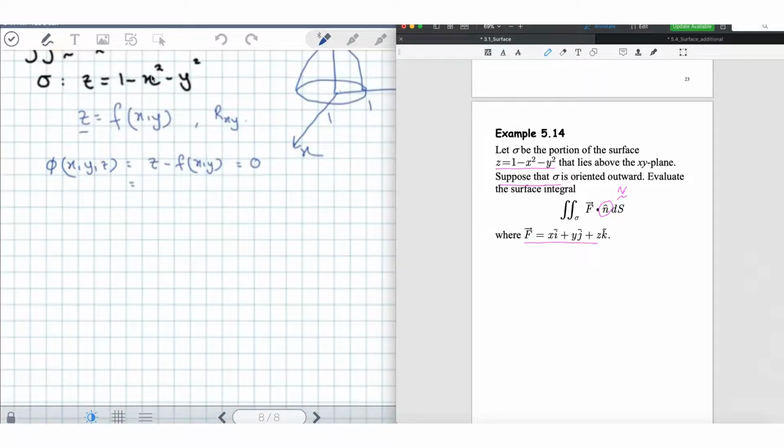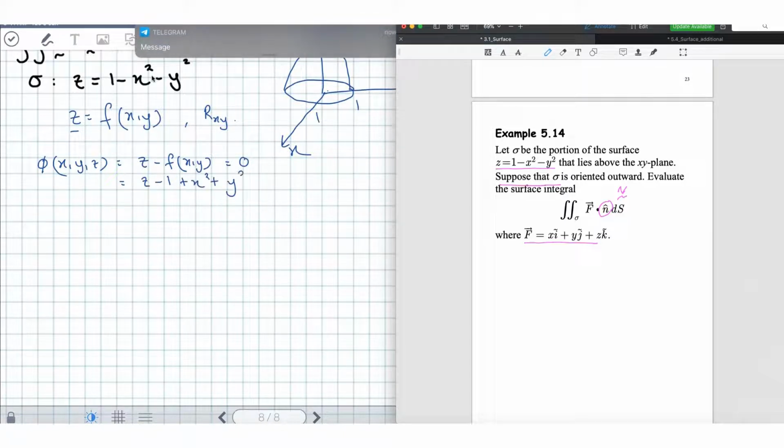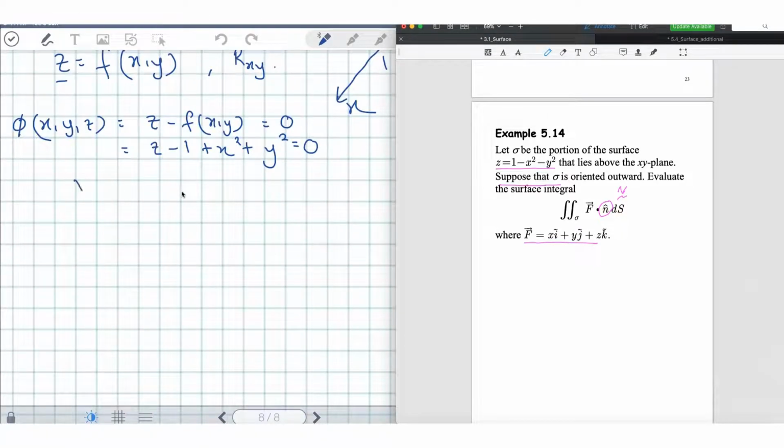So you have to bring everything to the left or to the right. Then you will get z minus 1 plus x square plus y square equal to 0, where I bring everything on the right to the left. So I will get this. Okay, so that is our phi, and then we compute the gradient phi.